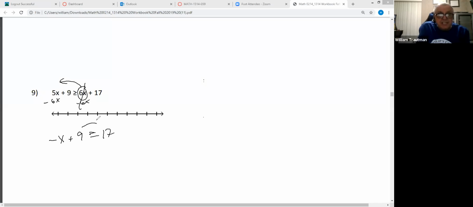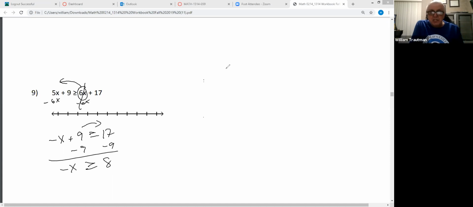Now I'm going to take the 9 to the other side by minusing 9, and I get negative 8 is greater than or equal to 17 minus 9, which is 8. Okay. So I have to get rid of the negative sign. Don't forget, there's a negative 1 here. It's a negative 1 times x. To get rid of it, you have to divide by negative 1.